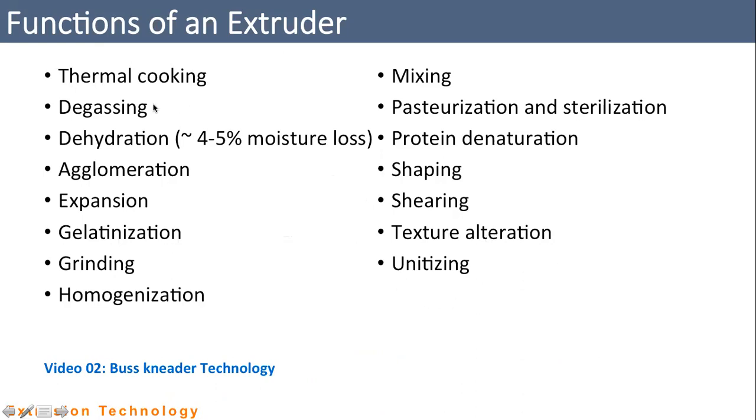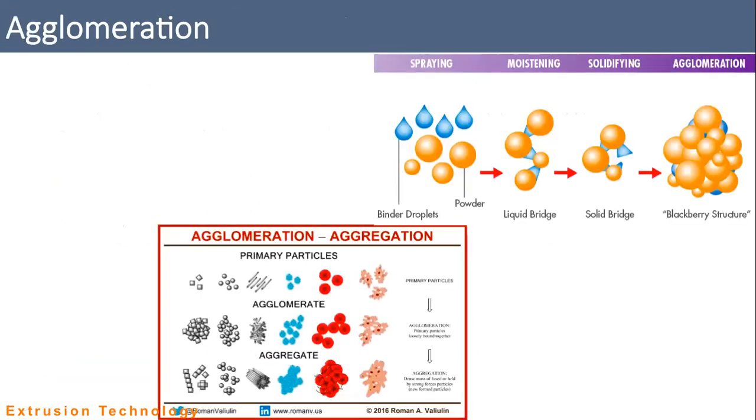Unitizing means we can get uniform food products. So extruders are very important. These are some examples of extruder functions, and out of these there are so many more. You can think on that and plan your extruder.